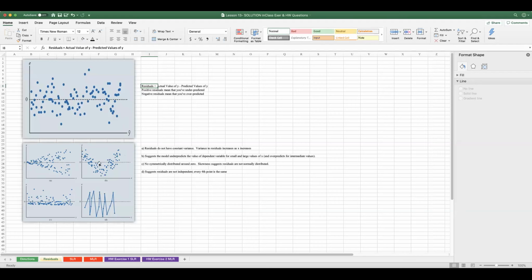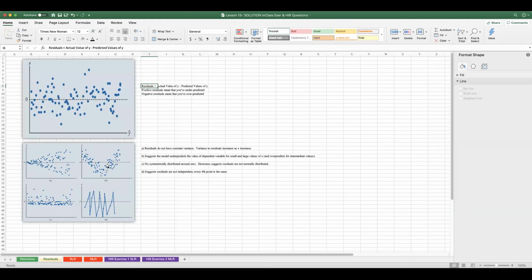And then down here in the intermediate range in the middle, you're seeing the negative residuals. So negative residuals would be where the actual is less than predicted. So you're over predicting.